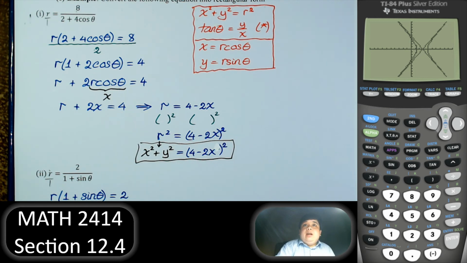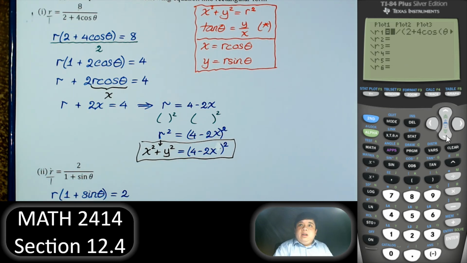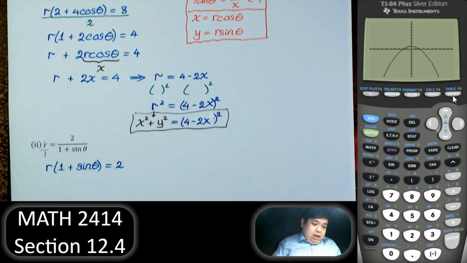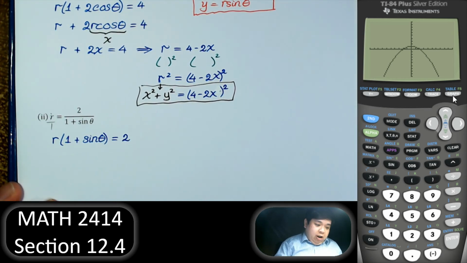Right. Now, what is this equation? 2 over 1 plus sine theta. That is a parabola. Right. Now let's just simplify this.